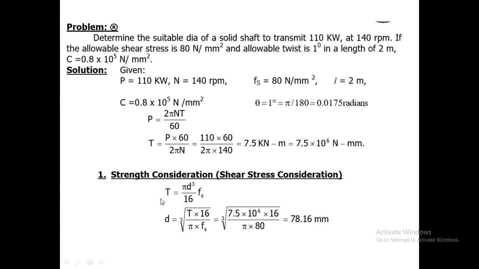You should be very careful with the units while substituting the values. Either keep all the units in meters or keep all the units in millimeters. Once you know the torque, you can determine the diameter of the shaft based on the strength consideration.